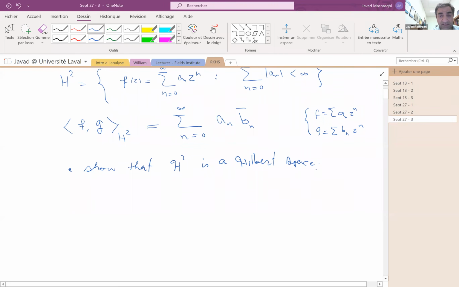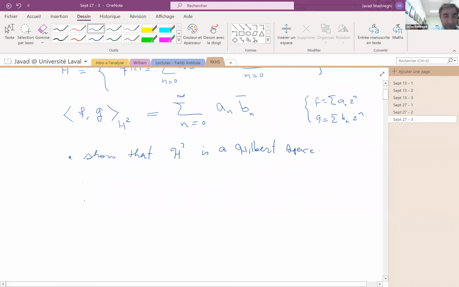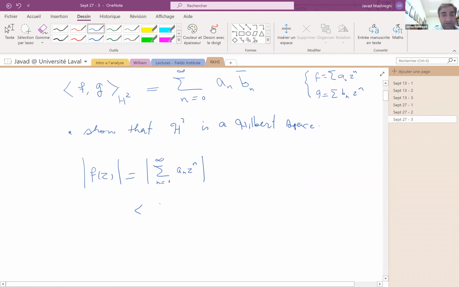Also, it's an RKHS. It means that the evaluation functionals are continuous. To do so, look at the absolute value of f of z, which is the absolute value of the sum of a_n z^n, with the absolute value inside.